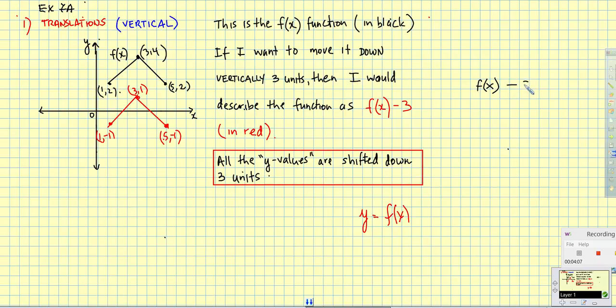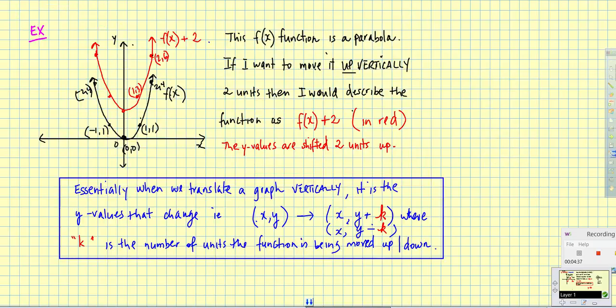The minus 3 is outside of the f of x. Remember that f of x stands for y. If y is the coordinate being moved vertically, saying y minus 3 or f of x minus 3 is as if I were taking my y-coordinate and moving it down 3 units.